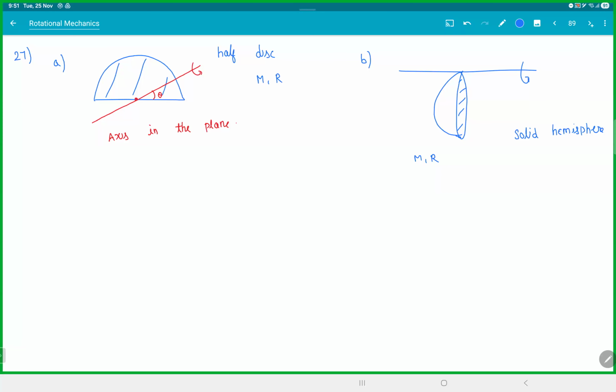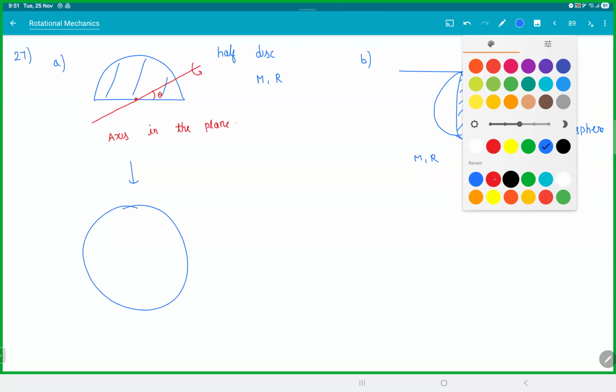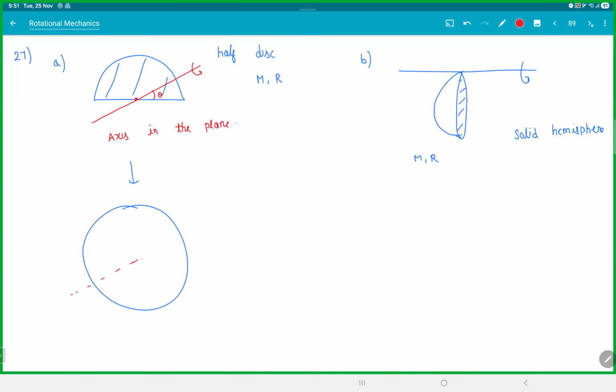If I do that, what do you think will happen? If I cut it like this and open this, won't it become a full disk? And how will this line look? The line will look like it is passing through the center, right? And you can actually see the symmetry here.